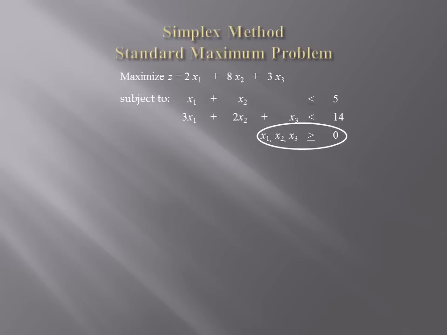What makes it a standard maximum problem is that among constraints, all of the inequalities are of the less than or equal type, and the numbers after the inequalities are greater than or equal to 0. Those are the conditions that make up a standard maximum problem.